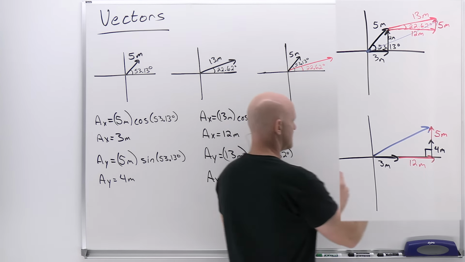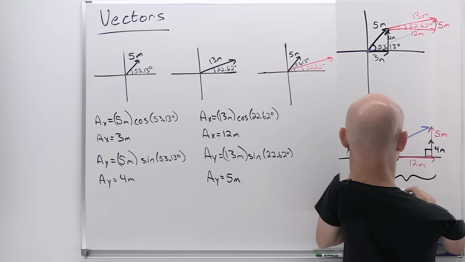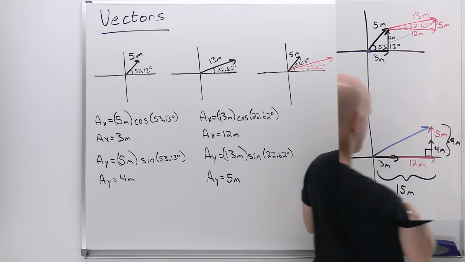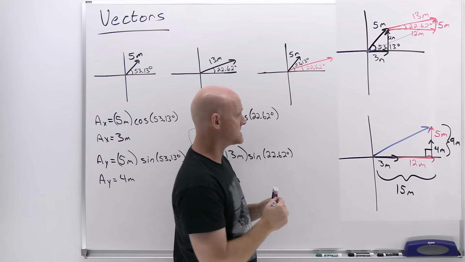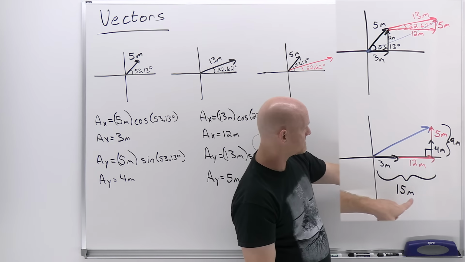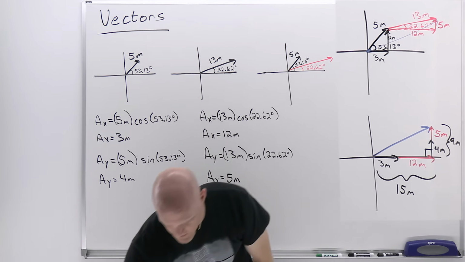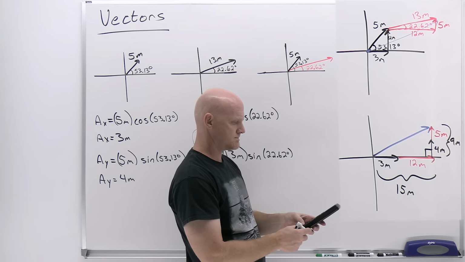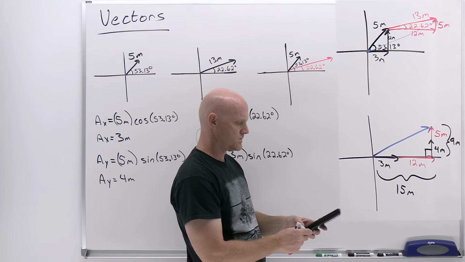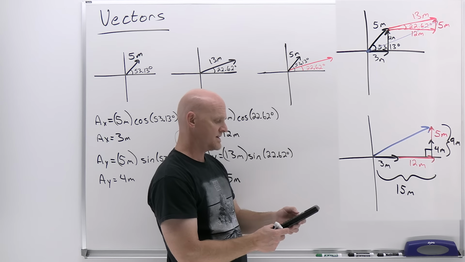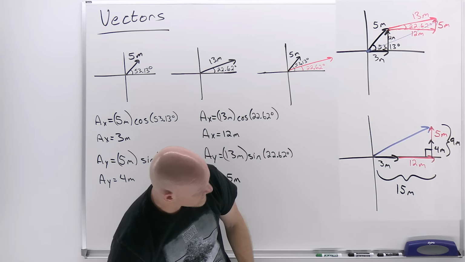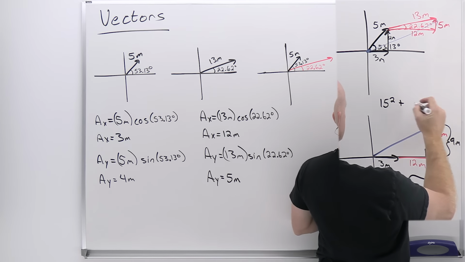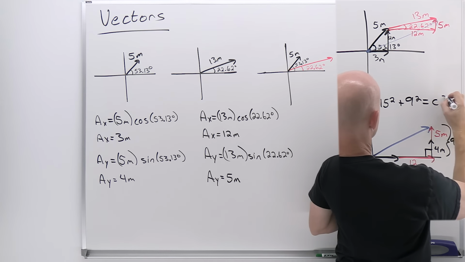And so in this case, again, x component here is 15 meters. Y component's going to be 9 meters. And so let's find what that resultant is. In this case, Pythagorean theorem says 15 squared plus 9 squared is equal to 306. And that's our a squared plus b squared equals c squared. Let's write this out explicitly. So 15 squared plus 9 squared equals c squared.